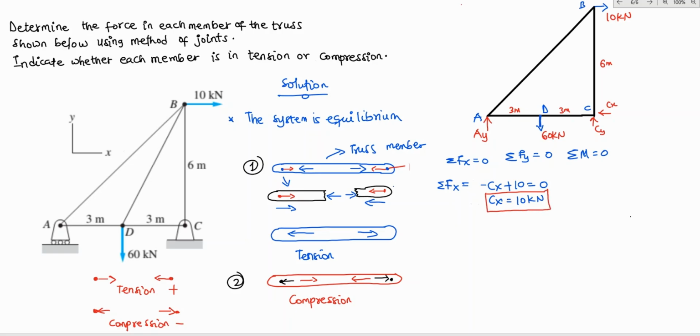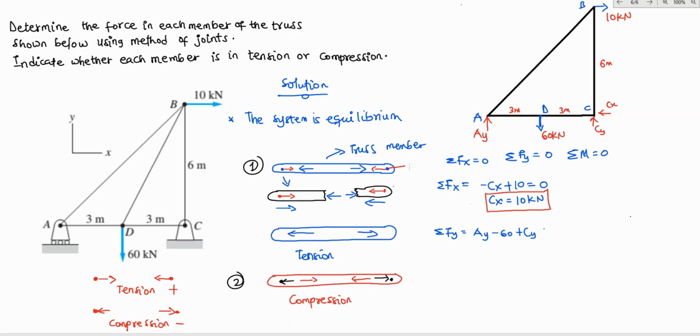Now let's focus on the forces in the y-axis direction. For the sum of forces in the y-axis direction, we're going to have AY minus the 60 kilonewton plus CY. I think that's all. We have just three forces in the y-axis direction.